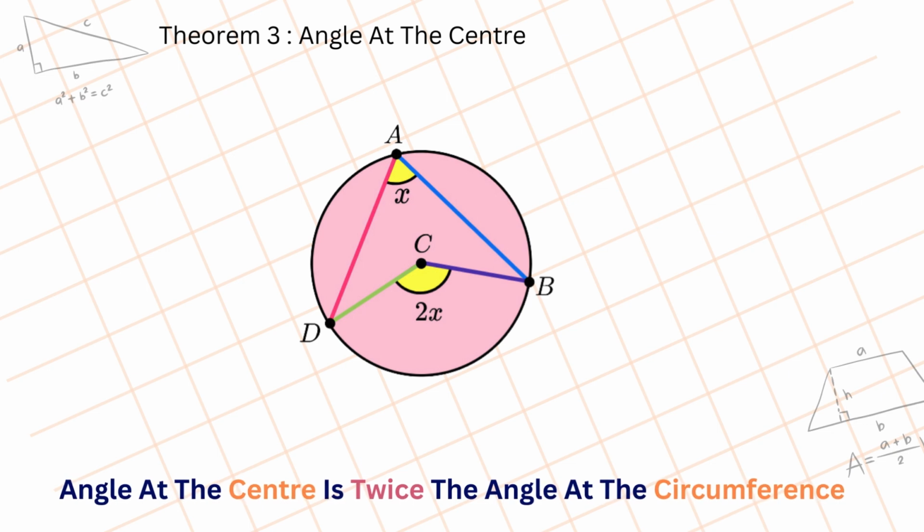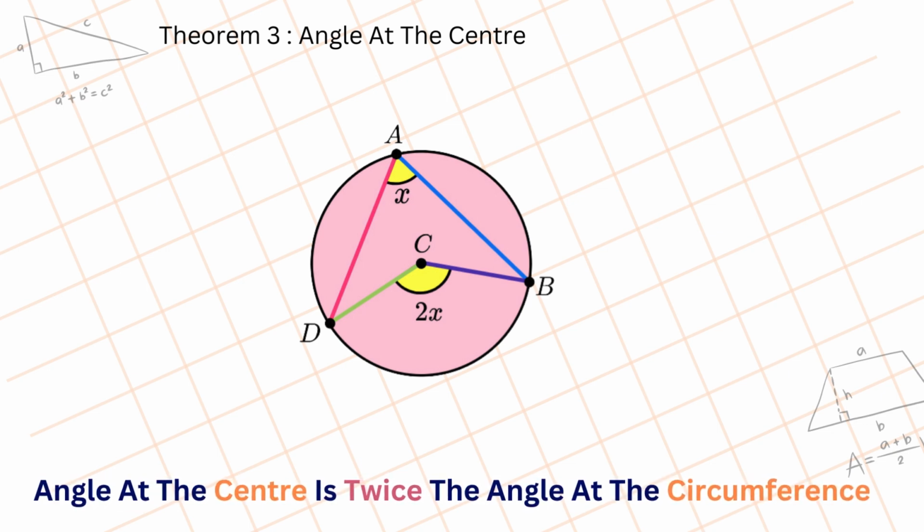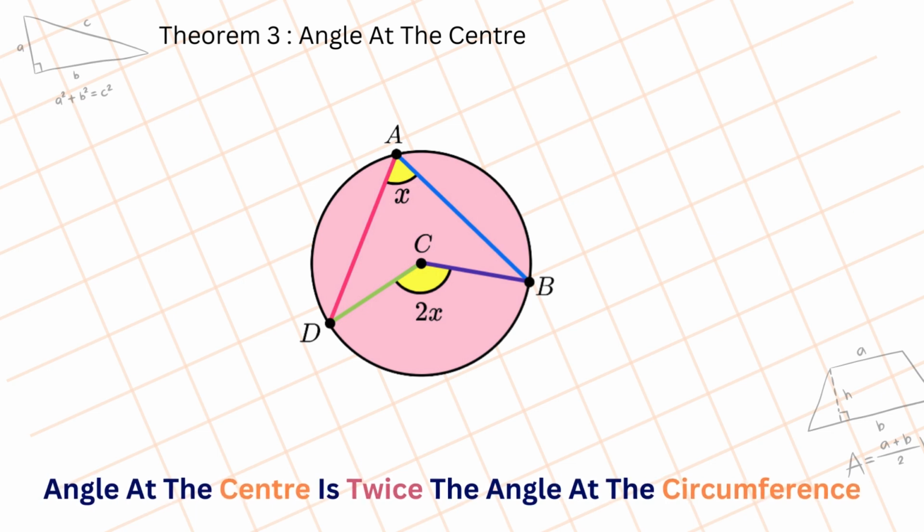Now let's try to understand theorem 3, which is angle at the center. This theorem states that the angle formed by an arc at the center is twice the angle formed by the same arc at the circumference. In the given figure, DB is an arc which forms two angles, A and C. A is formed at the circumference, whereas angle C is formed at the center.